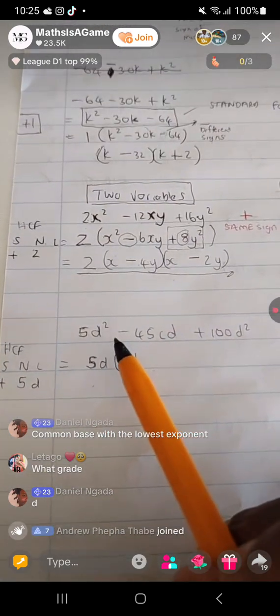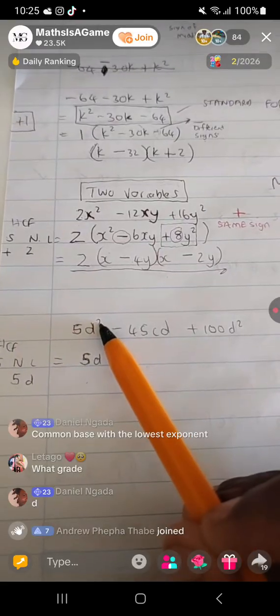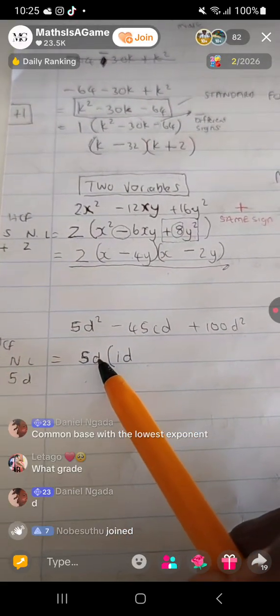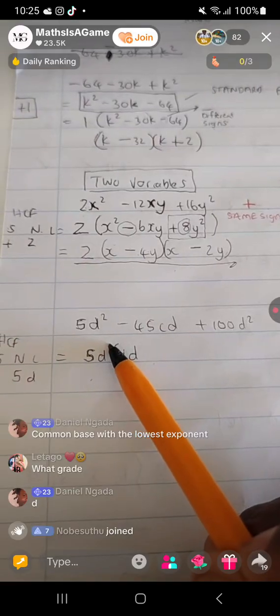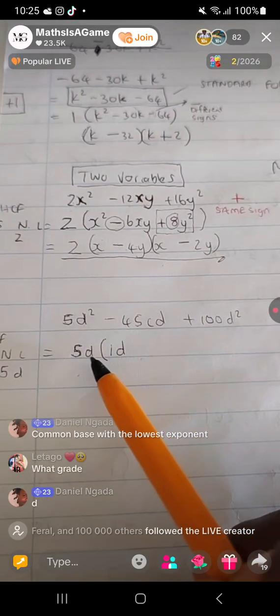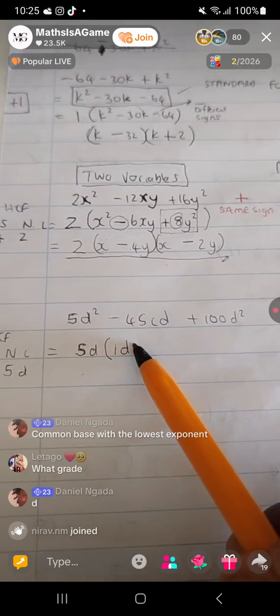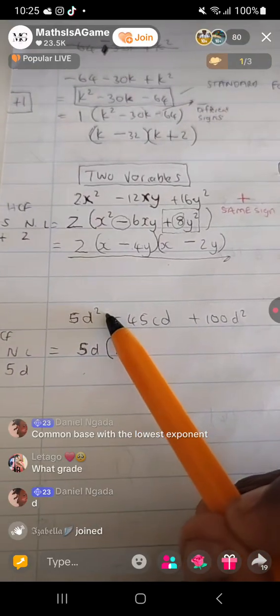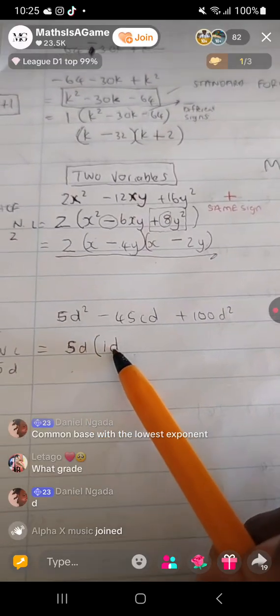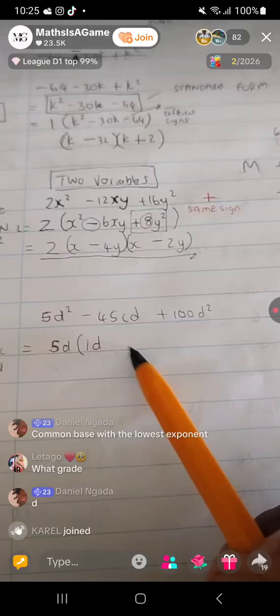Or you can say D times what is D squared. D times D. Because remember, when a base is raised to the power which we cannot see, which is 1, multiplied by another base, we keep the base, we add the exponent. So it's D times D gives us D squared back. So that's the first term. It's 1D.